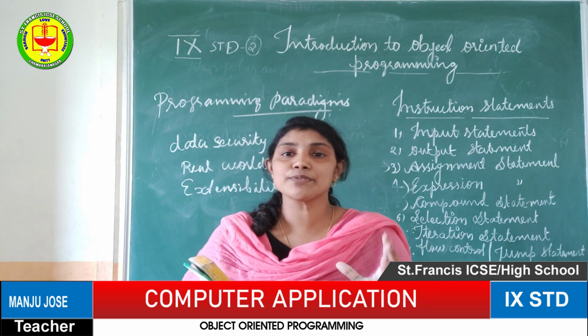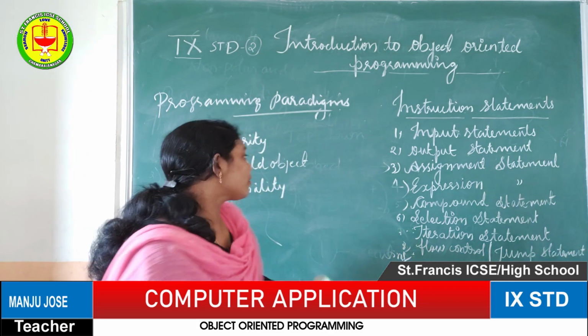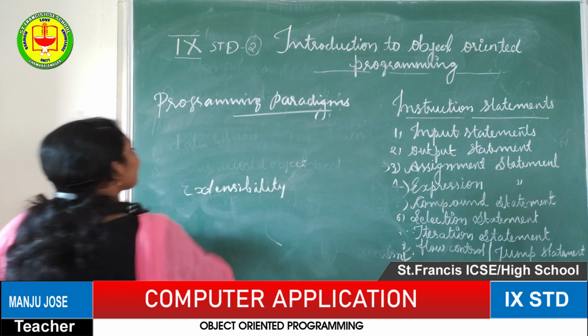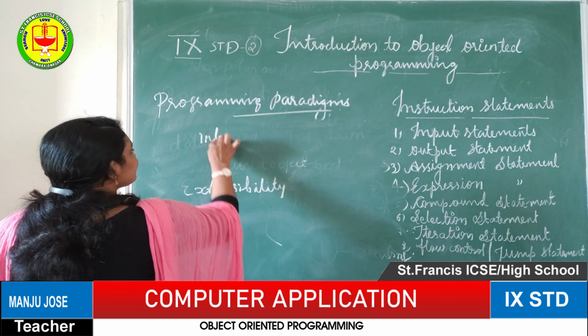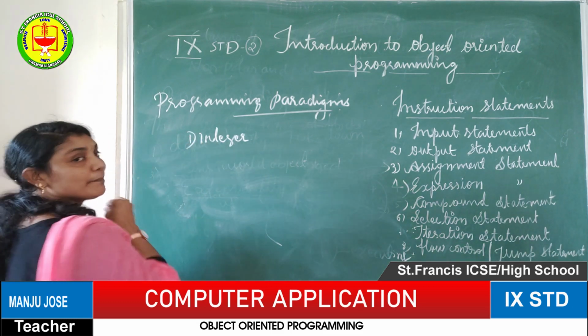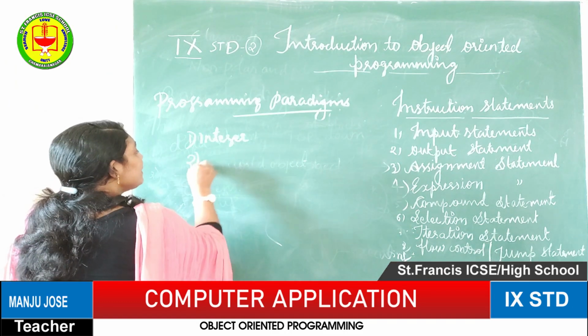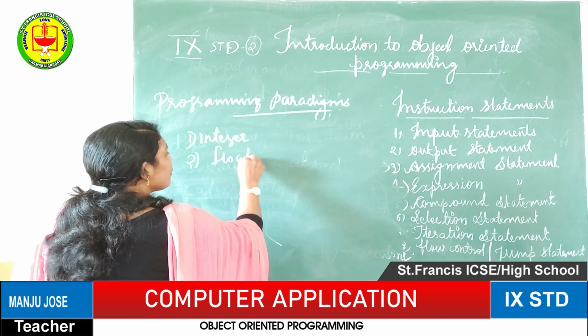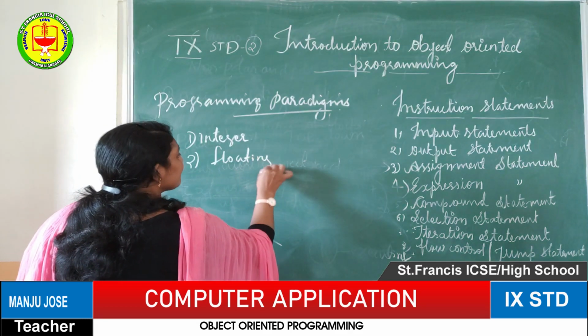So the major data types will be three types. The first data type will be integer. The second will be float, floating point.